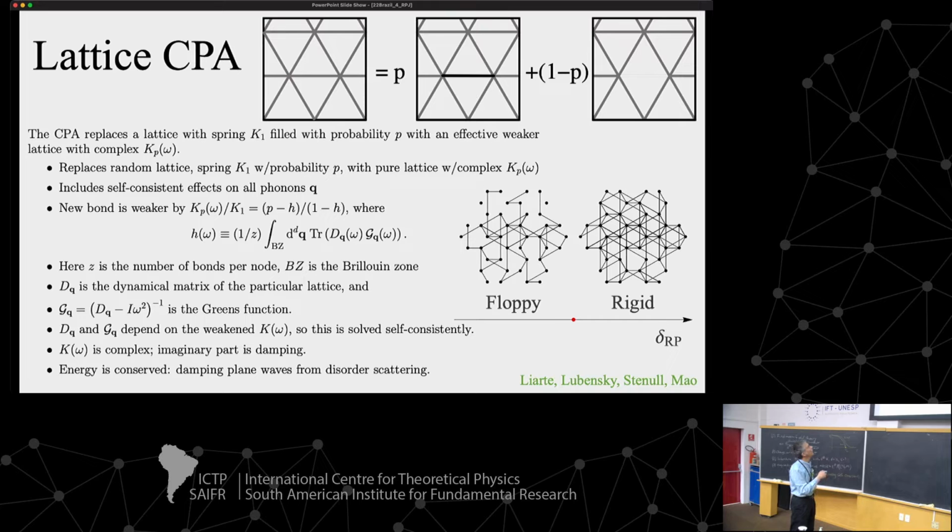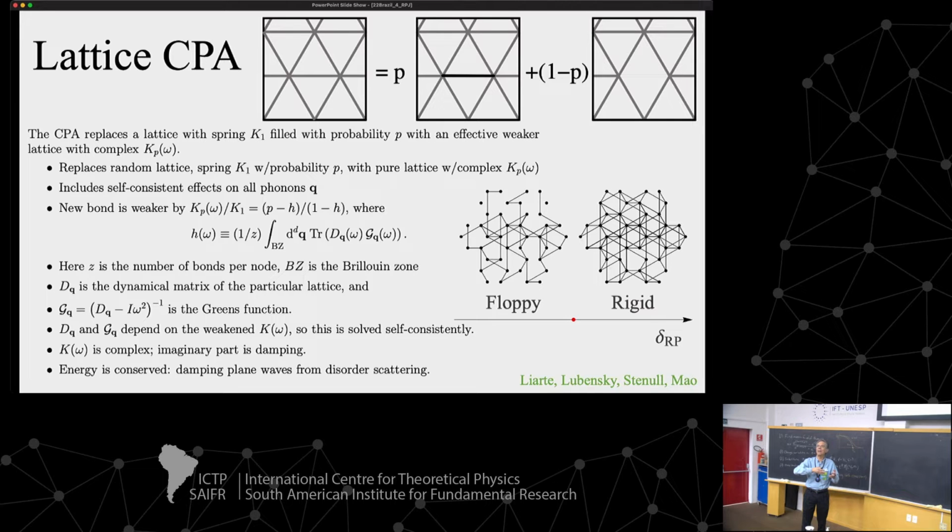So the CPA replaces the lattice with K1, filled with probability P, with an effective weaker lattice with a complex Kp of omega. The imaginary part of this Kp of omega represents the fact that if I have a wave coming with a certain frequency through the lattice, it'll scatter off of this vacancy or this stiff bond and won't be the same wave you started with.